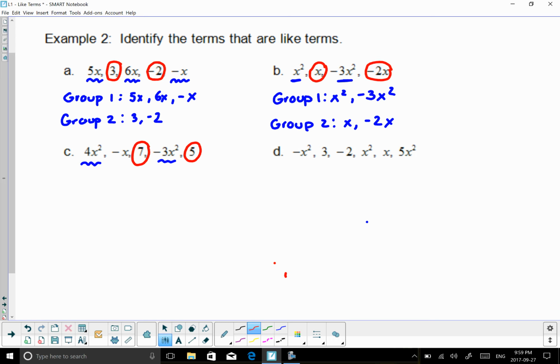So this negative x does not have a buddy that goes with its like terms. So I have one group here, 4x squared and negative 3x squared. And I have a second group of 7 and 5.